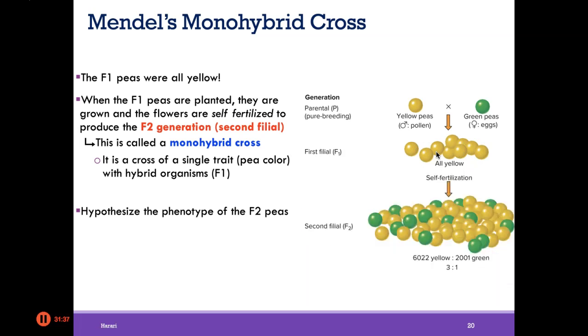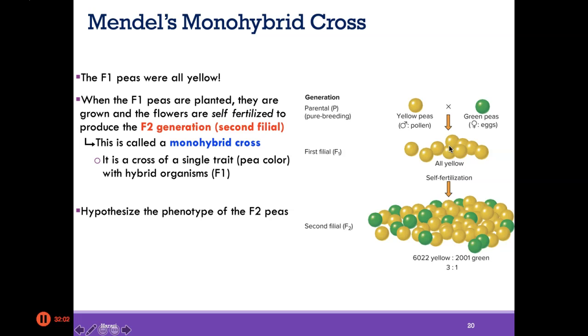The F2 generation gives us a mix, right? In fact, they got 6,000 yellow to 2,000 green peas, around a 3-to-1 ratio of yellow to green. So again, this is a monohybrid cross because these were hybrid, right? Look at them. They gave mixed offspring, and they were only looking at one trait.